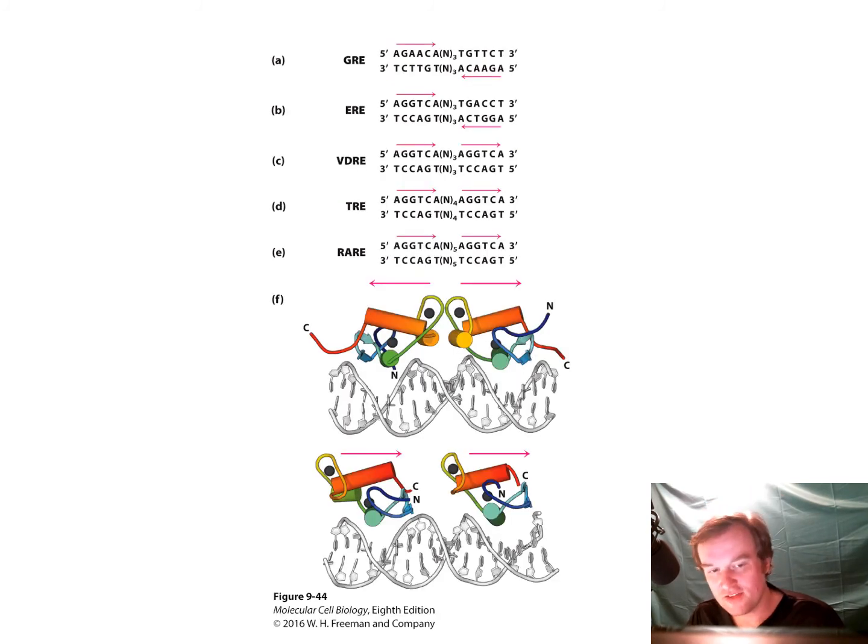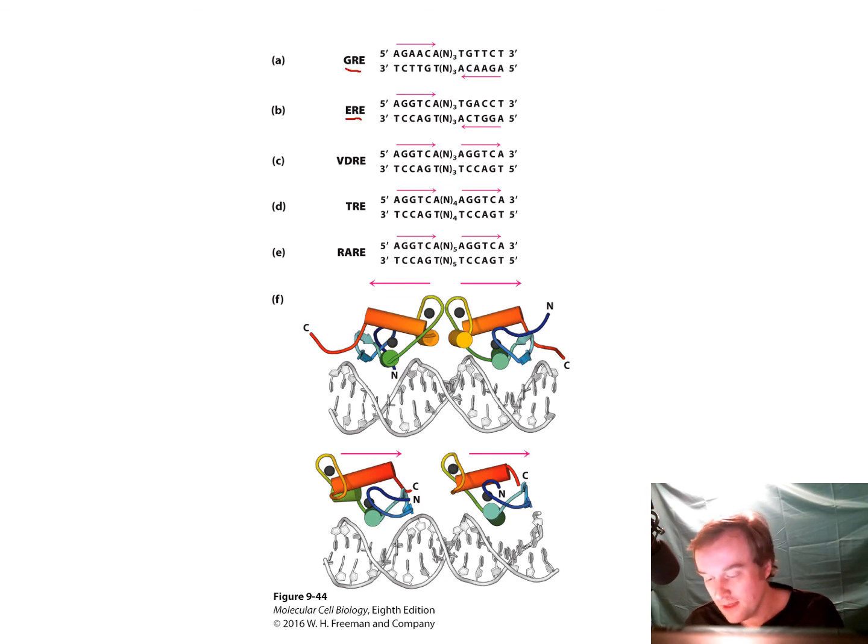So here we have a consensus sequence of the DNA response elements that bind these nuclear receptors. As you can see, there are conserved motifs or sequences that occur. In the first two examples, we have the glucocorticoid and estrogen receptors, GRE and ERE.